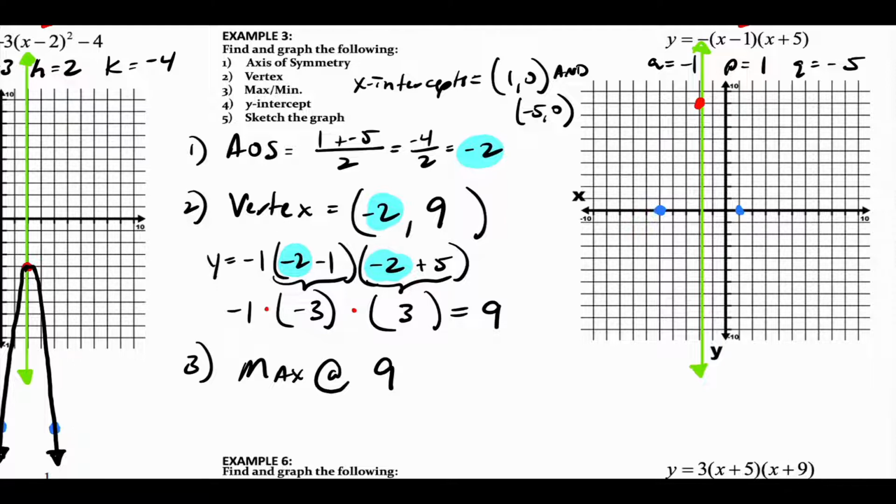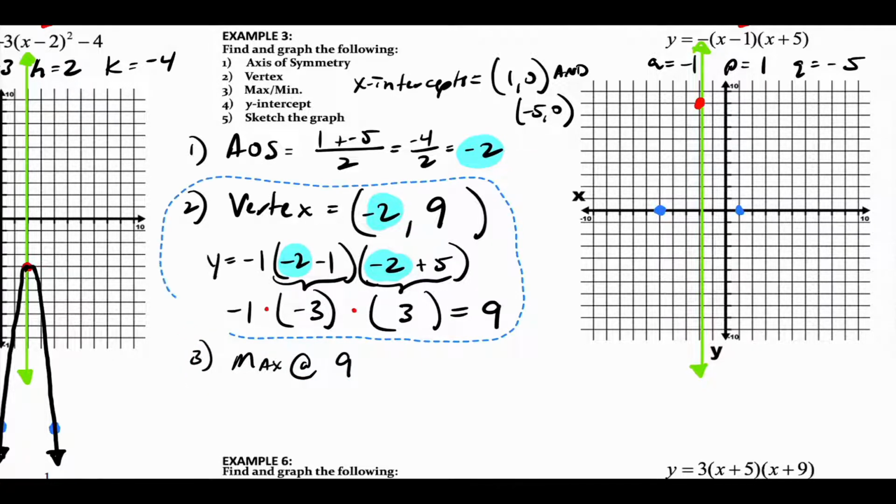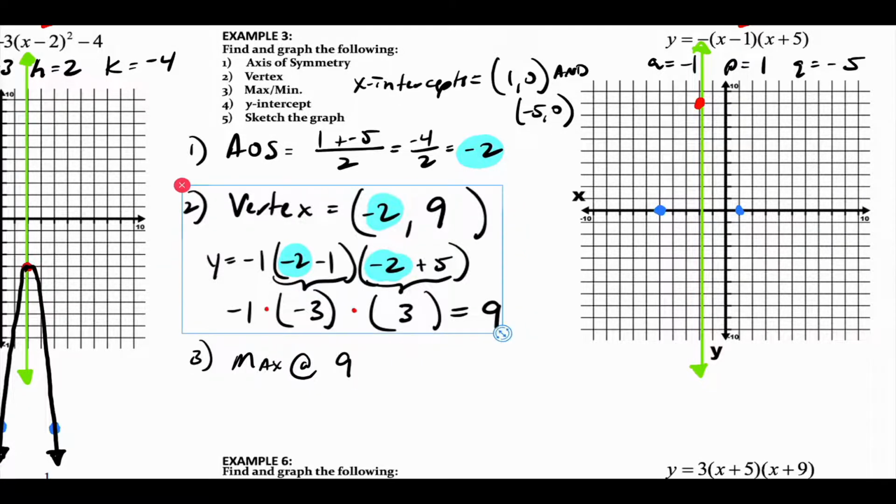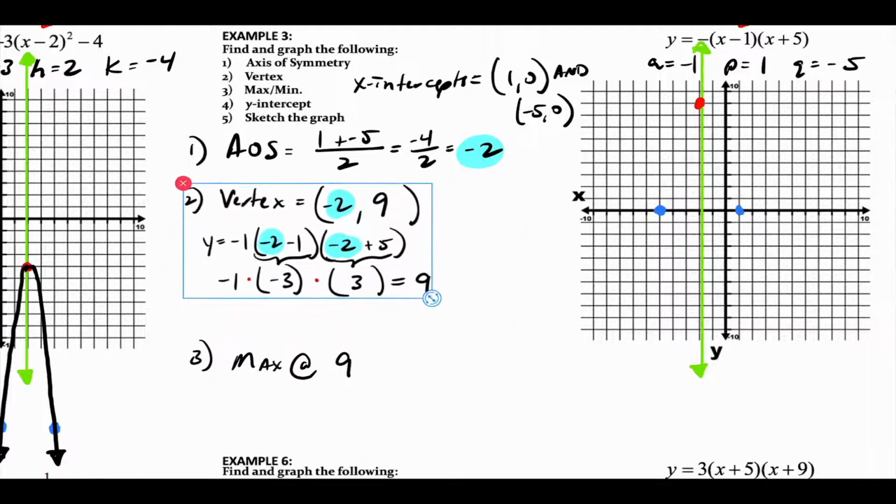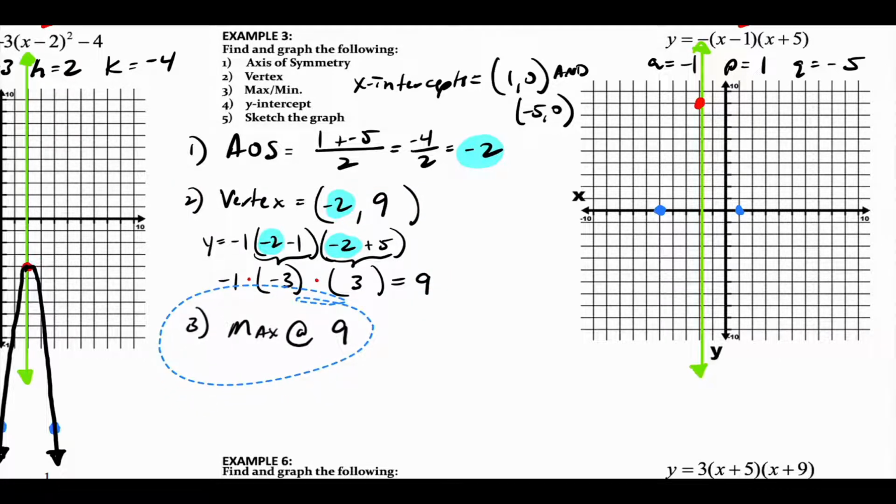Okay, and then the last thing is the y-intercept before we actually just connect all the dots. The y-intercept always starts with x being 0.